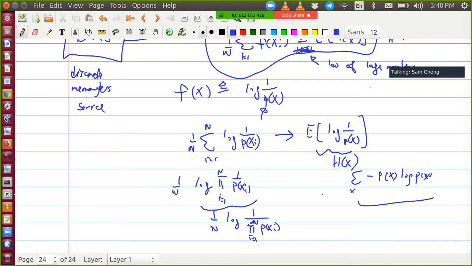For example, flipping a coin, my x can be head or tail, maybe I use head and tail as 0 and 1, right? Then I will have values like 0 and 1, and the probability of these, and so on, I have a mapping. So I'm summing from 1 to n, for the entire sequence. But on this side, I'm only summing over the two values, only 0 and 1, right?